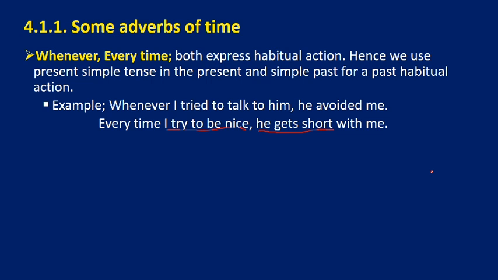So still አሁንም ሂጄ if I try to be nice to him, ለሱ ጥሩ ለመሆን ከሞከርኩኝ, he's gonna get short with me, ይናደድብኛል እንደማለት ነው. So አሁንም occur እያደረገ ያለ action ነው. So አሁንም occur እያደረገ ያለ habit ከሆነ present simple ተጠቀም.